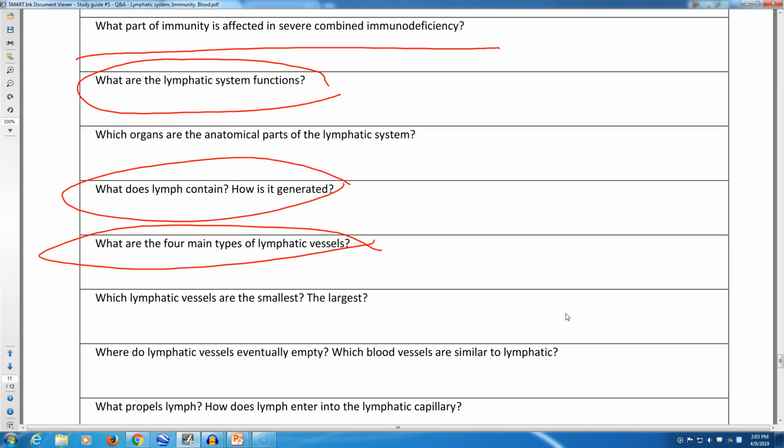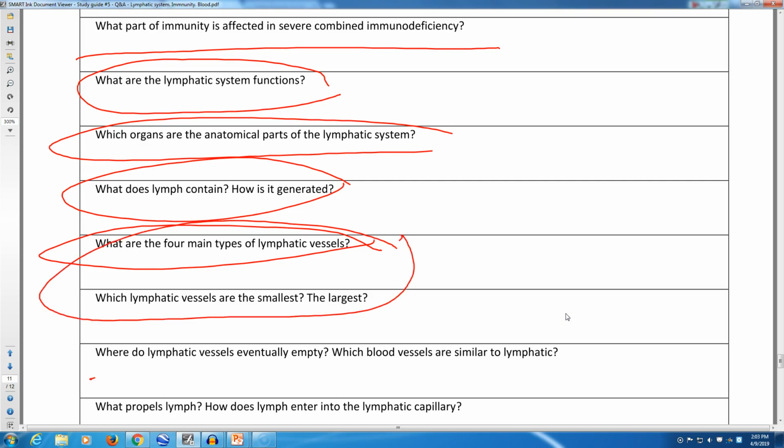Lymph contains some plasma proteins and debris and dead cells. Anatomical parts, again, lymph nodes, spleen, tonsils, Peyer's patches, stuff like that. So we've got vessels. They empty into the blood.